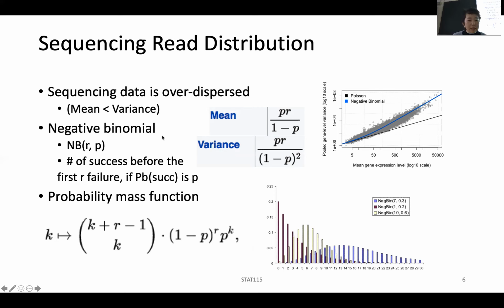We briefly discussed this. Negative binomial distribution is different from Poisson distribution in that in a standard Poisson distribution, the mean and the variance are the same. And so the black line would indicate what that would look like.